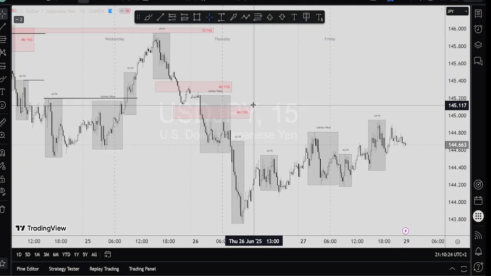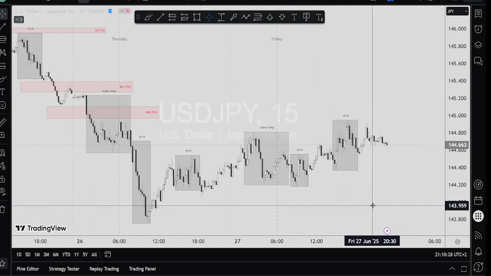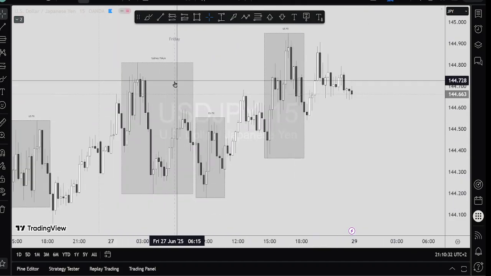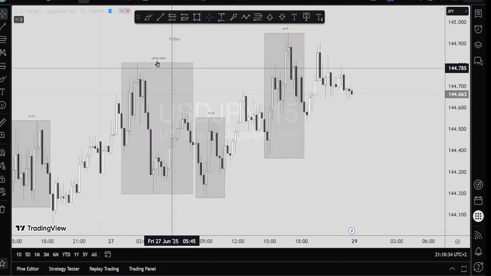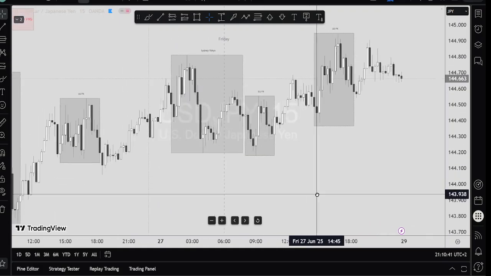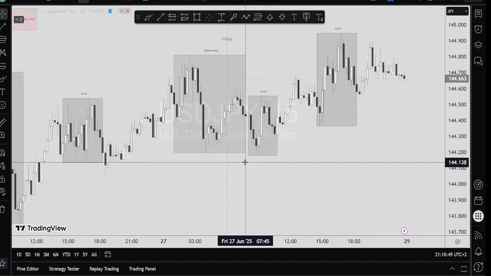So this is dollar yen on the 15-minute chart, and this day is interesting, right? We're going into Friday. Asia session here, and yes, Asia extends further into the EU session, but for me the EU session ends when the overlap ends. That's why it ends here, and also here.